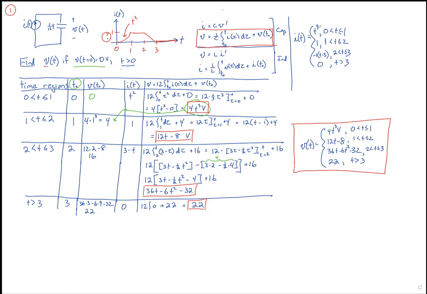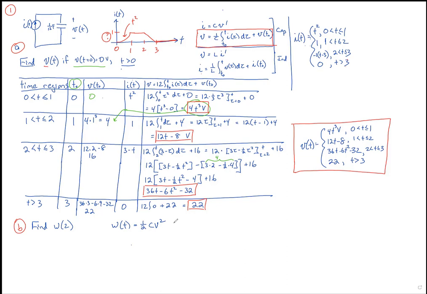Okay, there's a part 2 to the problem, but part B is a heck of a lot easier. It just asks, find the energy in that capacitor at 2. So here you recognize that the energy in a capacitor is always equal to 1/2 CV squared.